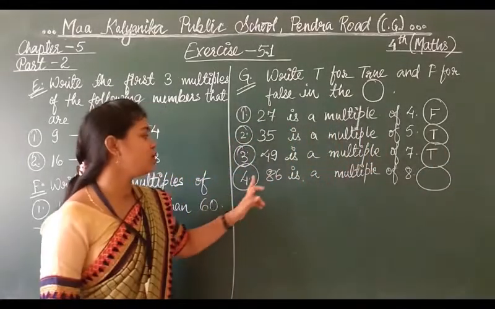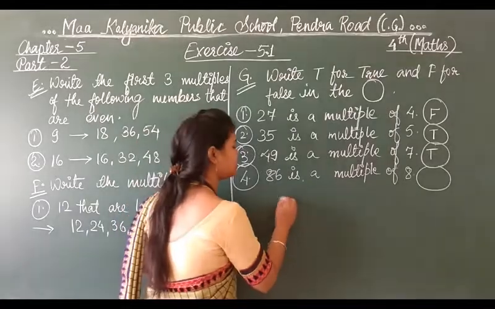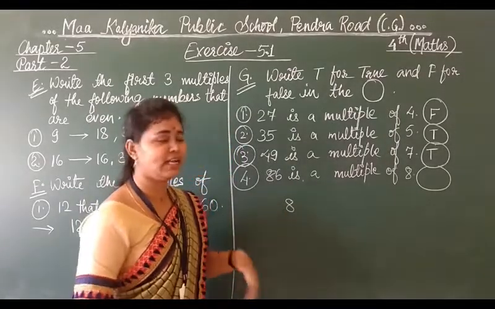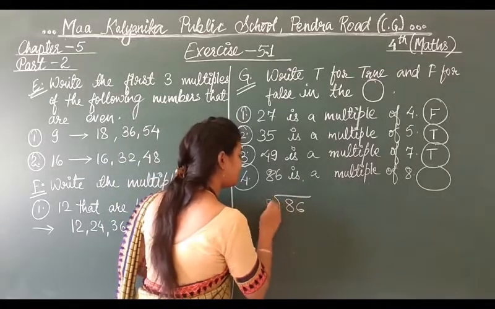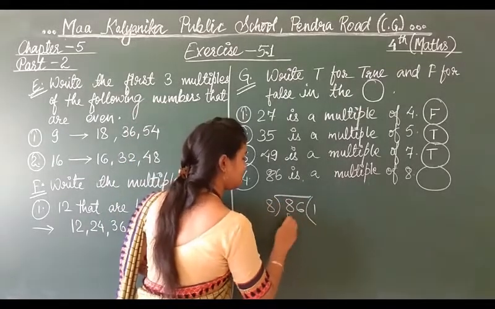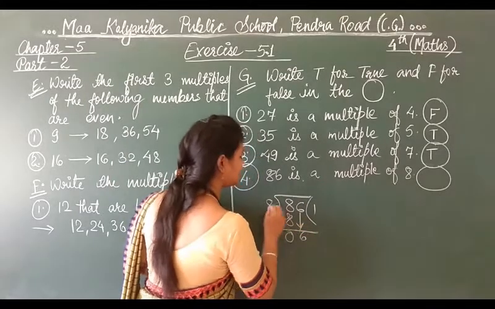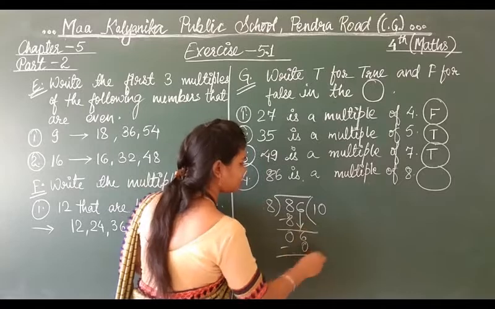T means true. 86 is a multiple of 8. Simply students, if we read the table of 8, 8 tens are 80, then 8 elevens are 88, so you have to read the table. Instead, we can divide it by 8. 8 ones are 8, minus, 0, here 6 is coming. 8 zeros are 0 because 6 is less than 8, now no number is there.